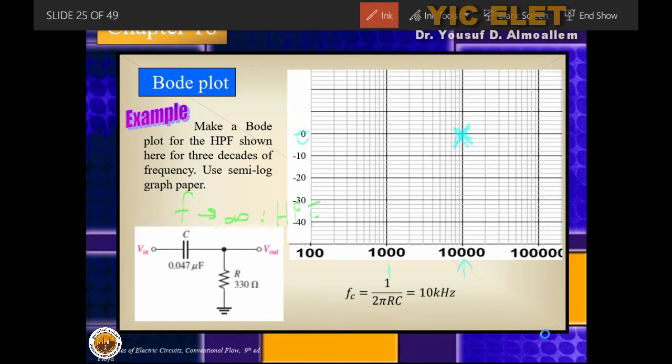Okay, now I want to do a minus 20 dB. So once we move by one step backward, now this is a high pass filter, so we're going to the other side. I have to move 2 steps downward. So here is the second point. Again, I have to move 1 step back, and I have to go 2 steps over here.